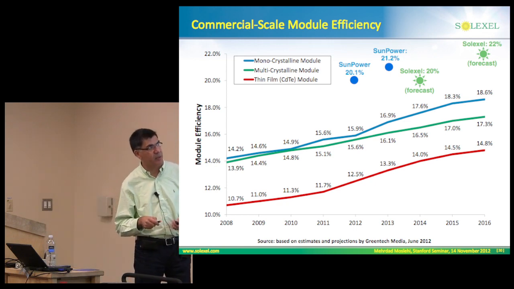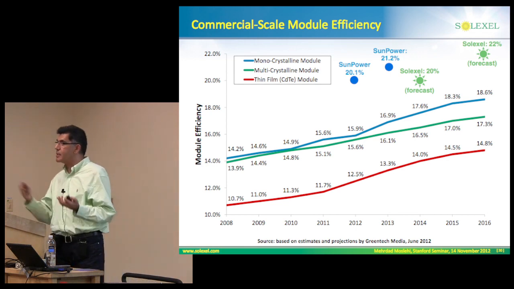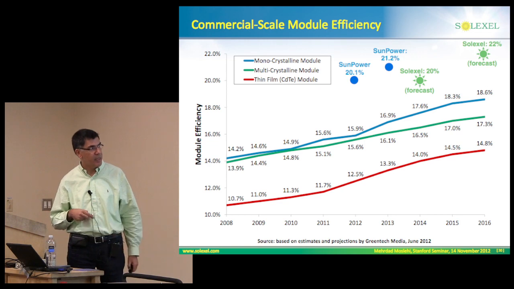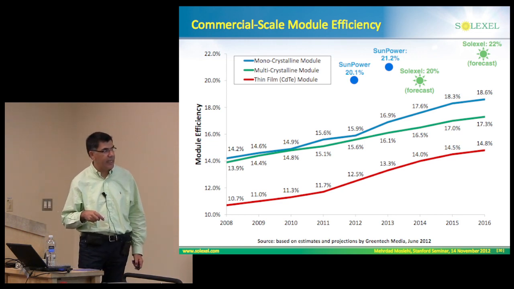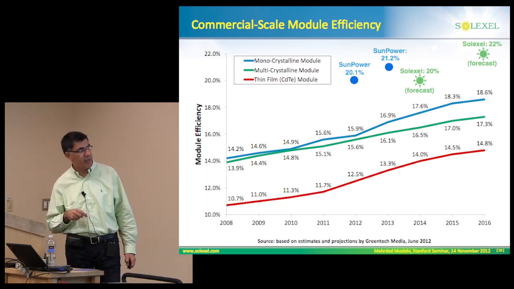And then this translates to module efficiencies that are on the low end around 13%, on the high end 17% for mainstream technologies. So here you see the efficiency trend, basically for thin film and also crystalline silicon, which is multi and mono.